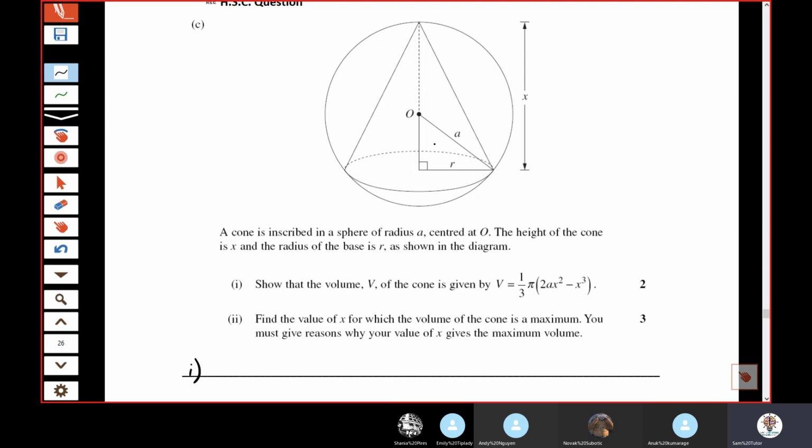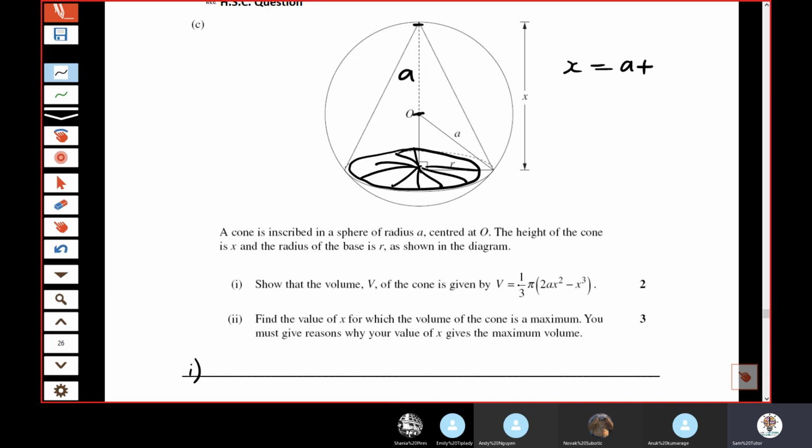So what do we know x equals? Well, x would equal this distance, which is A, plus this distance. No, that's not r. r is the radius of the circle down here on the cone, so the radius goes like this on the ground.